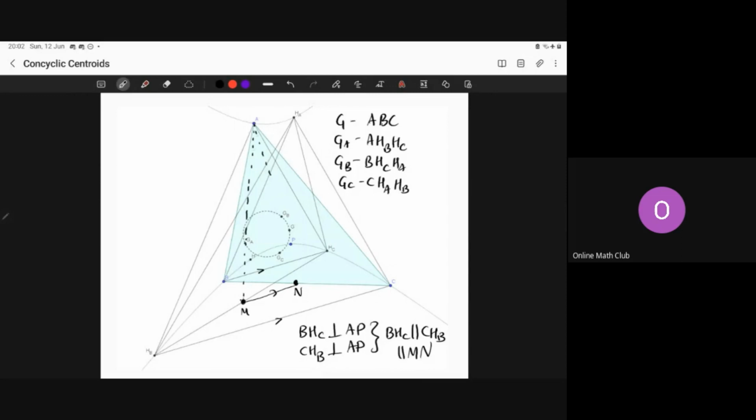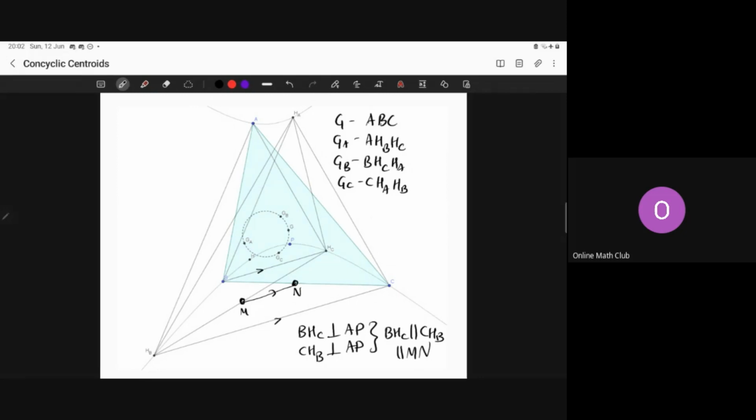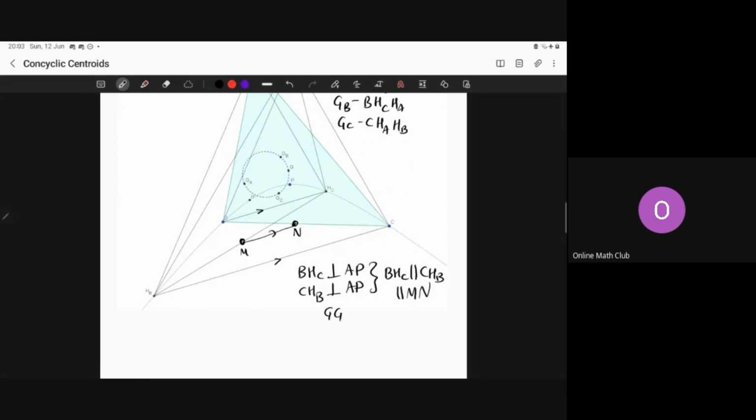Similarly, A, G, N are collinear. Basically what I'm saying is GG_A is parallel to MN.